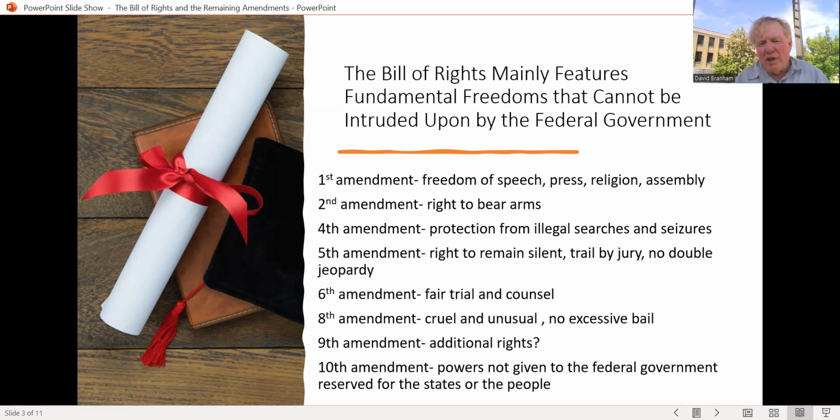The Fourth Amendment, protection from illegal search and seizures. This is a very interesting one, but the main thing that comes from this now is that anything obtained illegally by the police in a search or a seizure cannot be used against you in a court of law and has to be returned if it was obtained illegally.